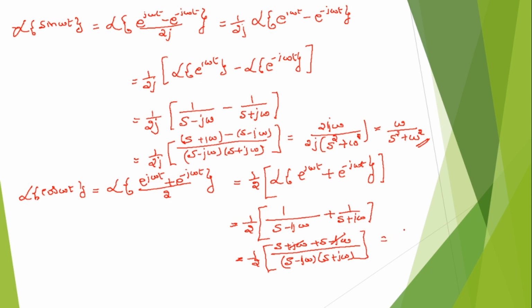So it is 2s by 2 into s square plus omega square. So it is s by s square plus omega square. So the Laplace transform of cos omega t is s by s square plus omega square.